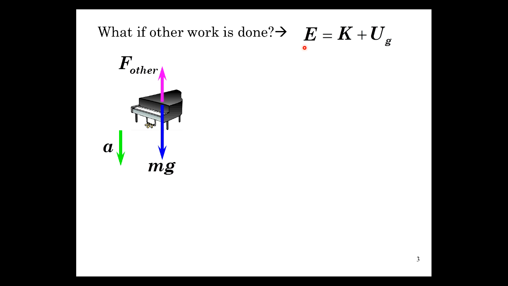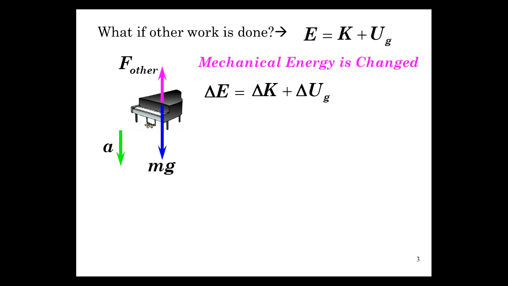So the mechanical energy can change. These values actually can change. So the mechanical energy is going to be changed by this other force acting on it. So the change in mechanical energy is delta K plus delta U sub g.